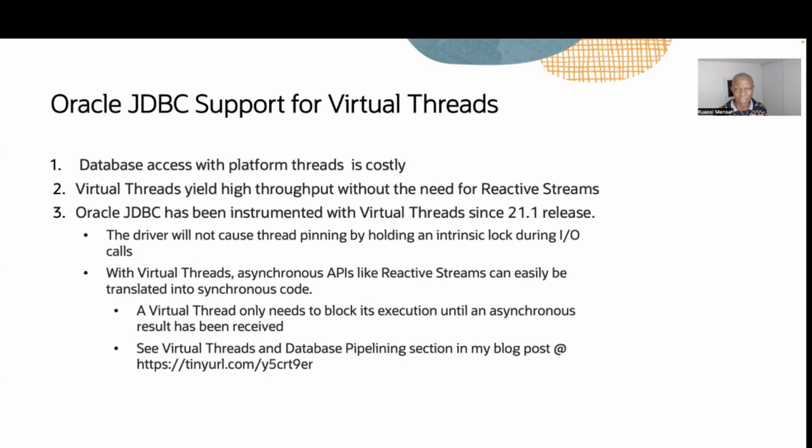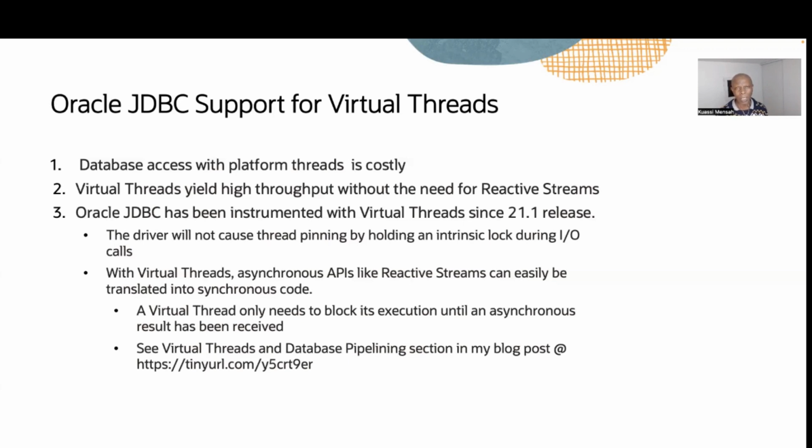So the JDBC driver has been instrumented with virtual threads in the 21.1 release. We have been following the Project Loom specification, and as they change the API, we also change. We all know that JDK 21 will be the first release where the virtual thread will be, I'm guessing, if not production, at least developer release.